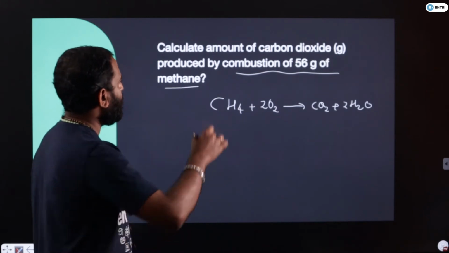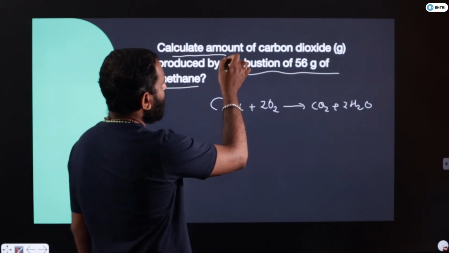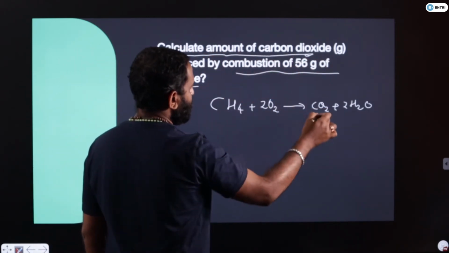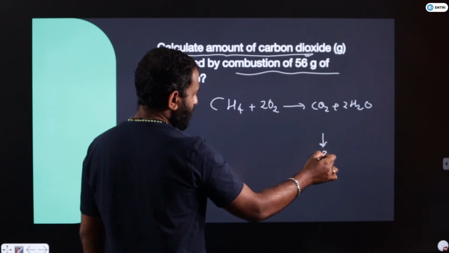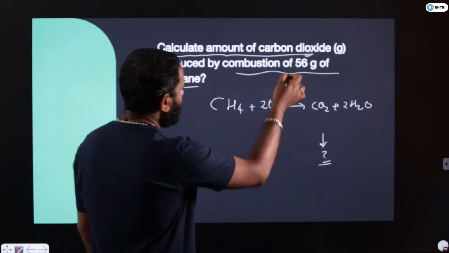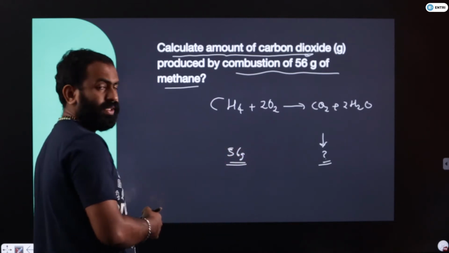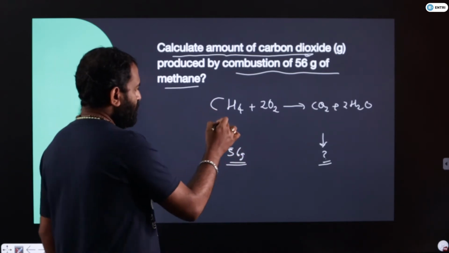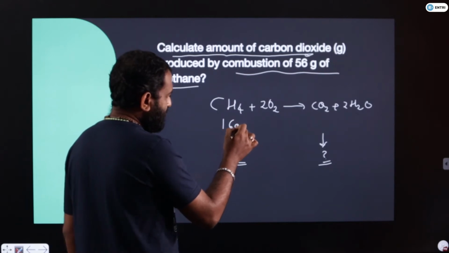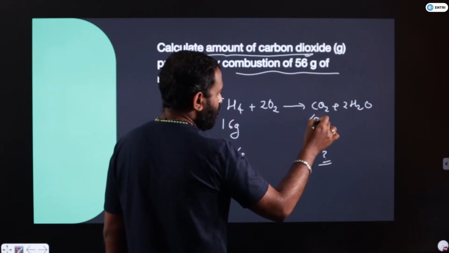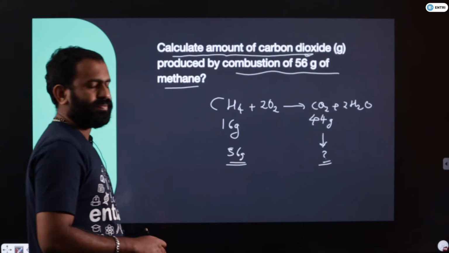Concentrate on the question: calculate the amount of carbon dioxide based on 56 gram methane. By stoichiometry, 16 gram methane gives 44 gram carbon dioxide.